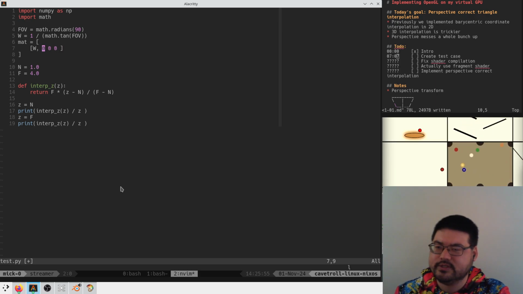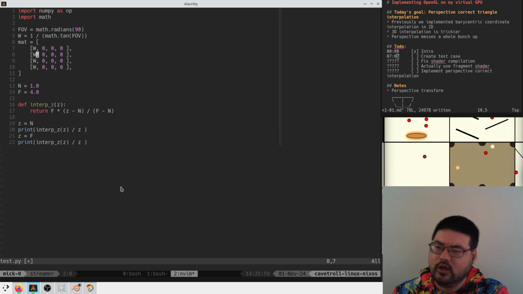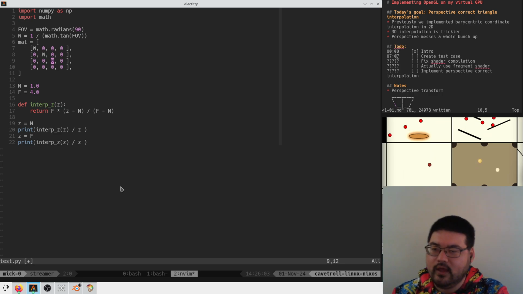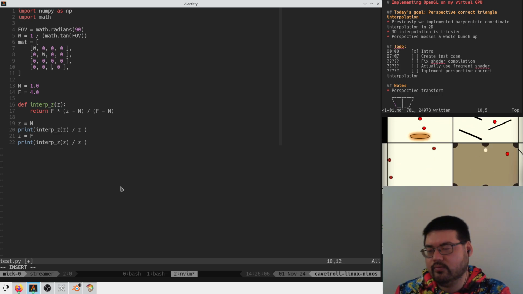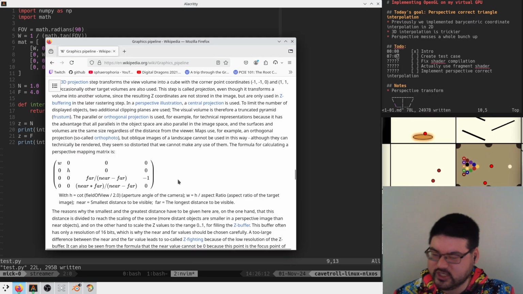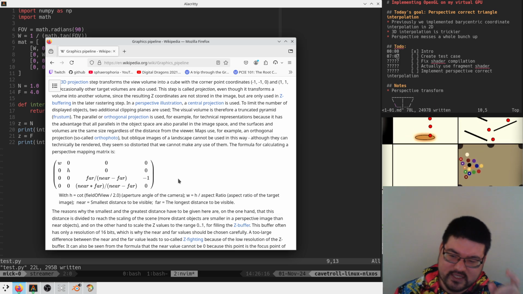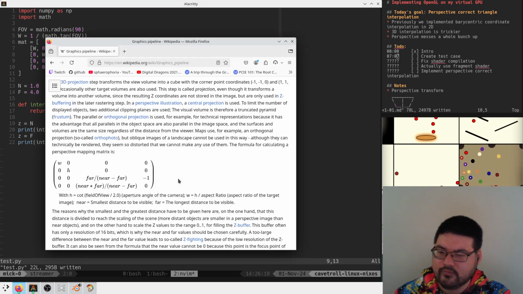This probably needs commas, almost certainly. We'll replace this 8 with W again here. And then we need a -1 here, because the typical projection matrix is inverted. I think it's because OpenGL uses negative Z and Z differently than I was thinking of them.